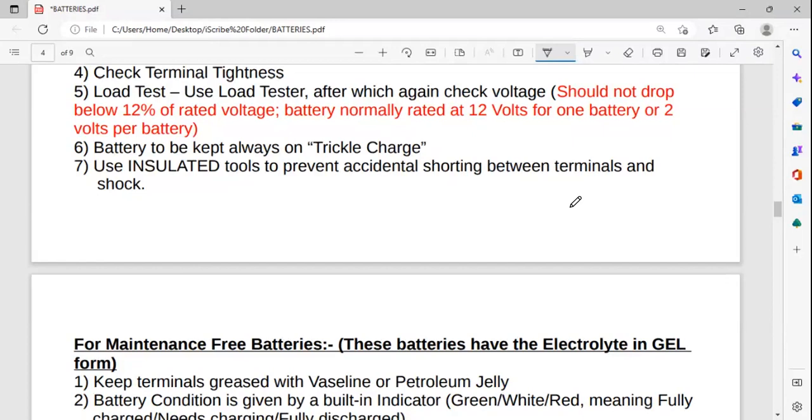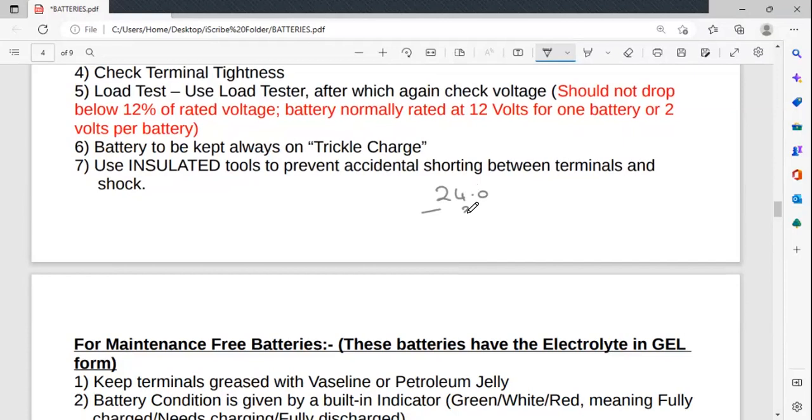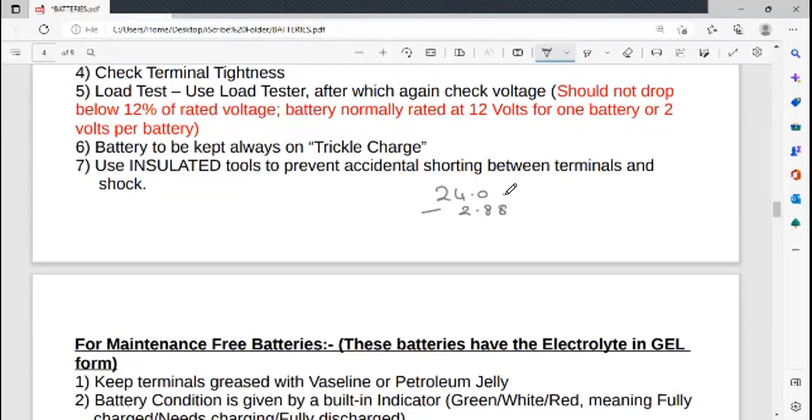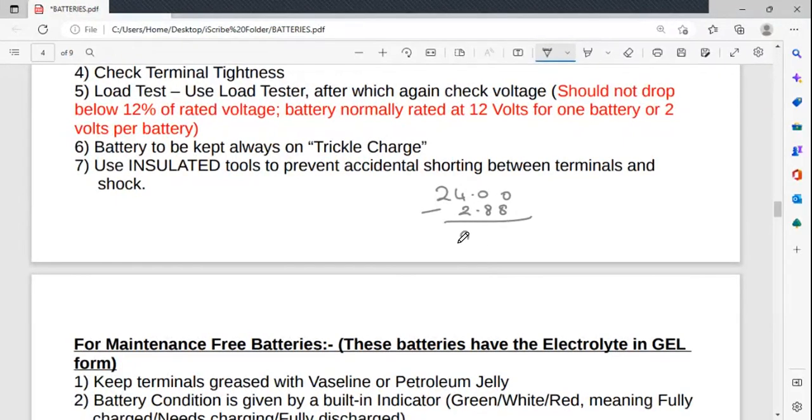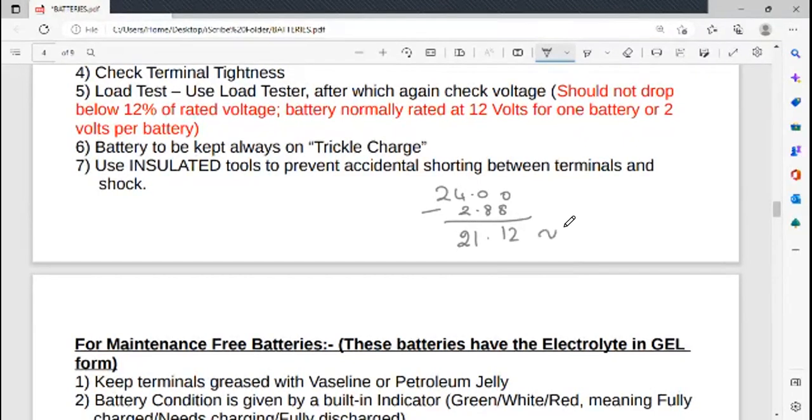So 24 minus 2.88, and how much is that? That is 21 point something, so it's rounded to 21 volts. So it should not drop below 21 volts.